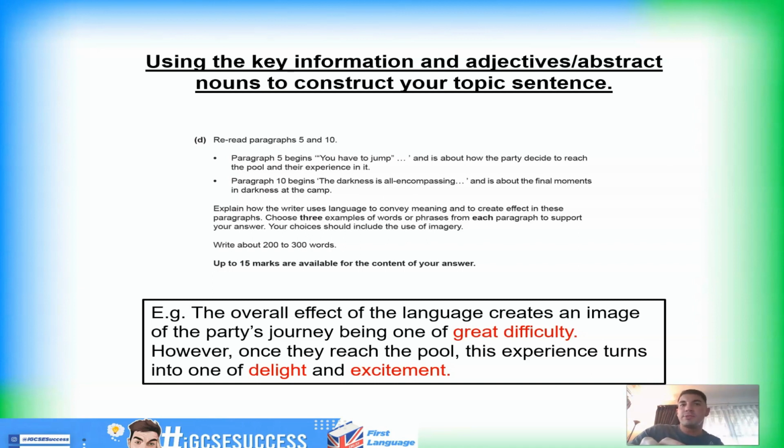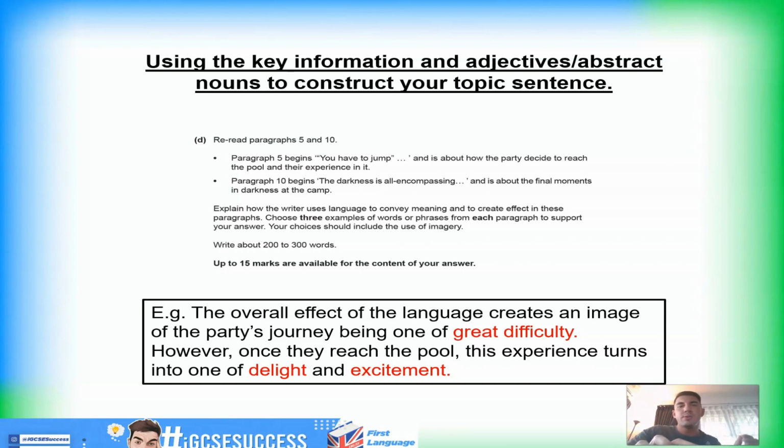The overall effect of the language creates an image of the party's journey being one of great difficulty. So we've got the abstract noun difficulty there. However, once they reach the pool, the experience turns into one of delight and excitement. So we've got 3 abstract nouns there, and it covers the first bullet point. Again, I'm not sure how accurate this is, but it's just an example.